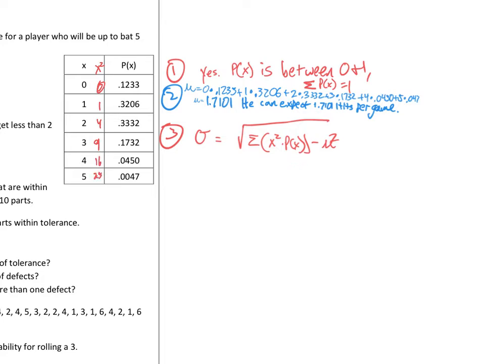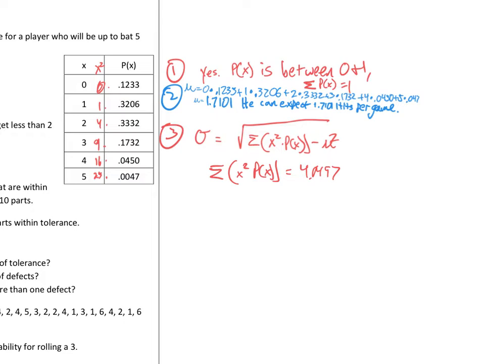Then we multiply 0 times p of x, 1 times p of x, 4 times p of x, kind of like we did with the mean, and then add them up. We'll find that the sum of the x squareds comes out to 4.0497.